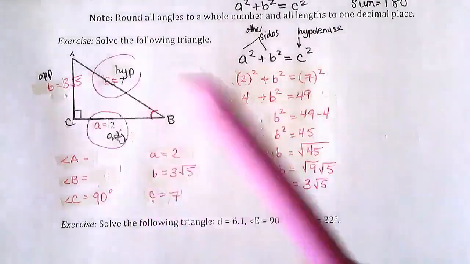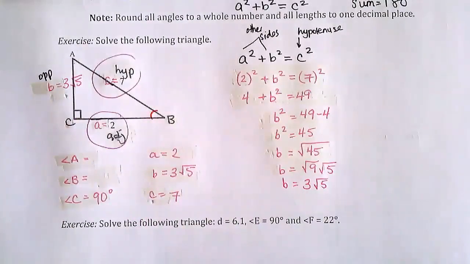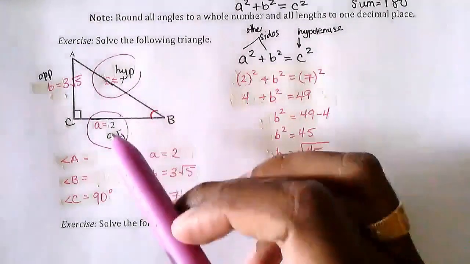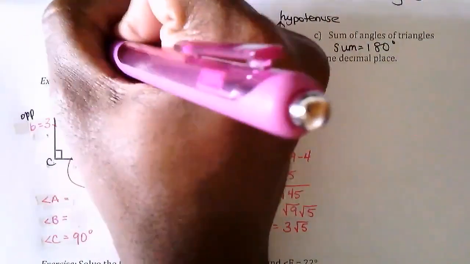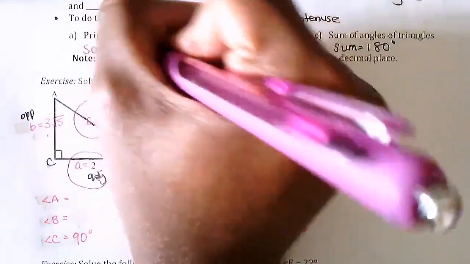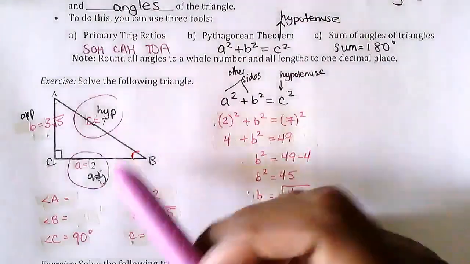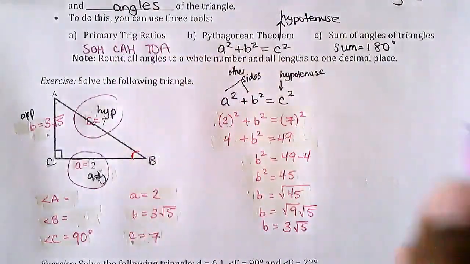You don't want to use that value and make all the other answers incorrect as well. You want to use the values that were given because those are more reliable. So in this case, you were given adjacent and hypotenuse. If I write out SOHCAHTOA, adjacent and hypotenuse is cosine.